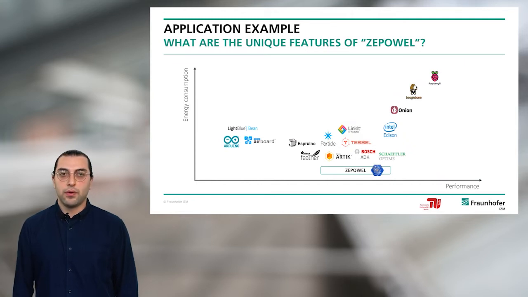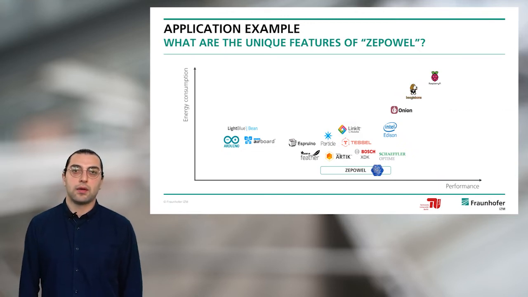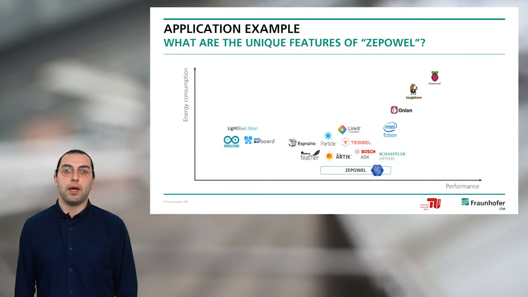Here in this figure you can see the energy consumption as a function of performance, and we have different platforms like for example the Raspberry Pi on the right side of the figure that has a lot of processing power and performance, but that also goes hand in hand with the energy consumption.